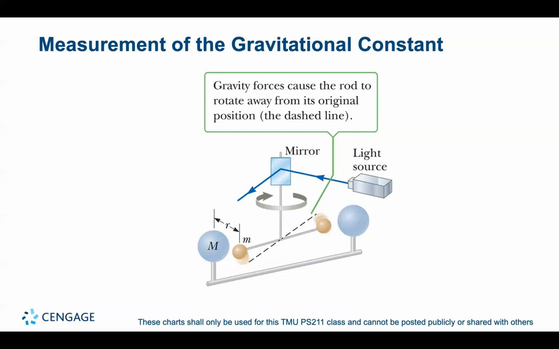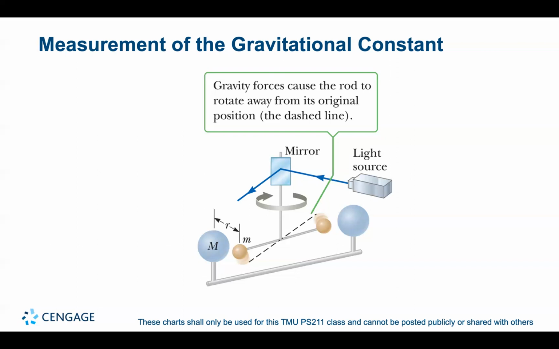Two large spheres, each of mass M, were placed near the smaller spheres. The attractive force between the smaller and larger spheres caused the rod to rotate in a horizontal plane and the wire to twist. The angle through which the suspended rod rotated was measured with a light beam reflected from a mirror attached to the vertical suspension.